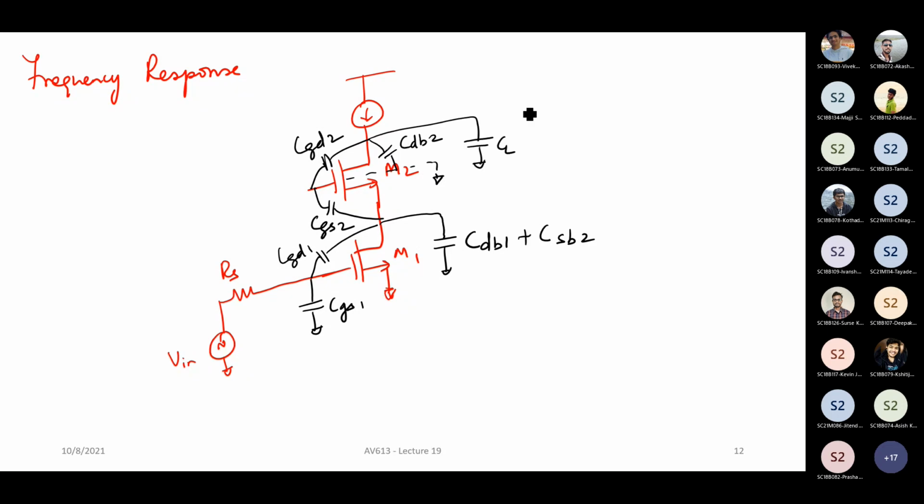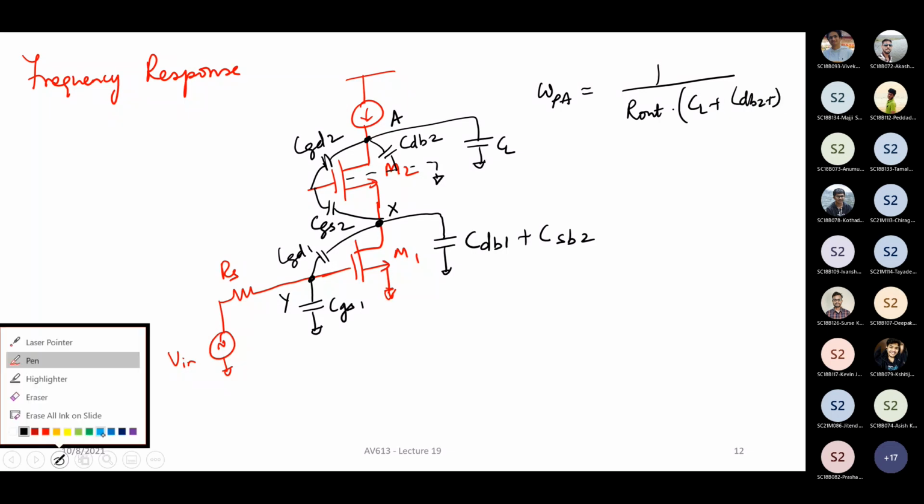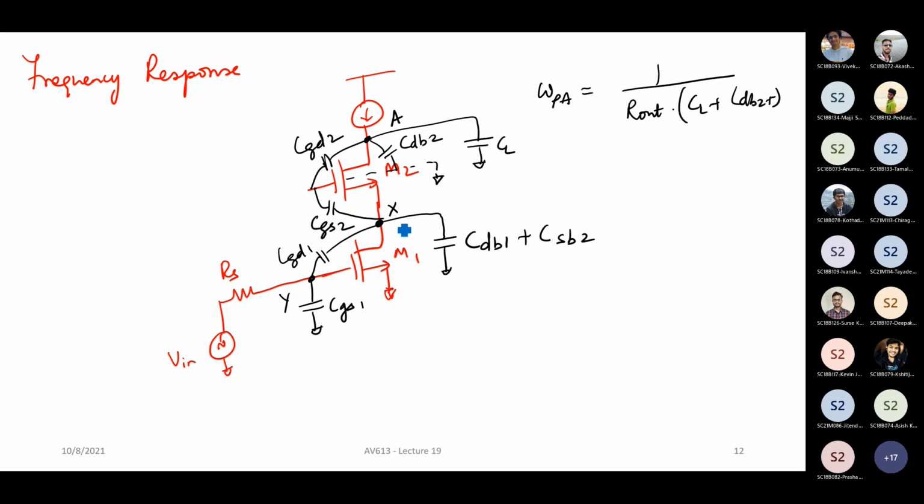Now we already saw this, let's call this node A, and let's call this node X, and let's now call this node Y. Okay, so omega PA is basically what we have already seen, right? Which is 1 by the total R out multiplied by CL plus whatever CDB2 and other things which are there, which will get absorbed. Now, what about this node?